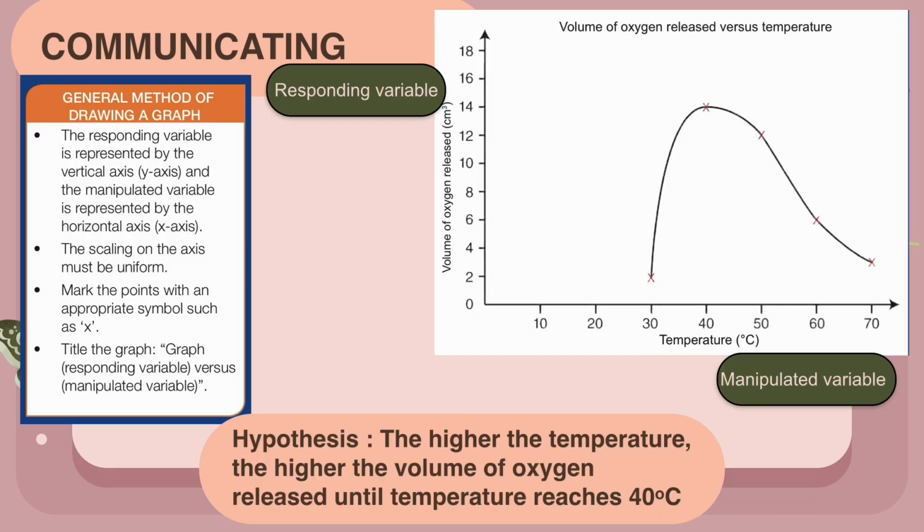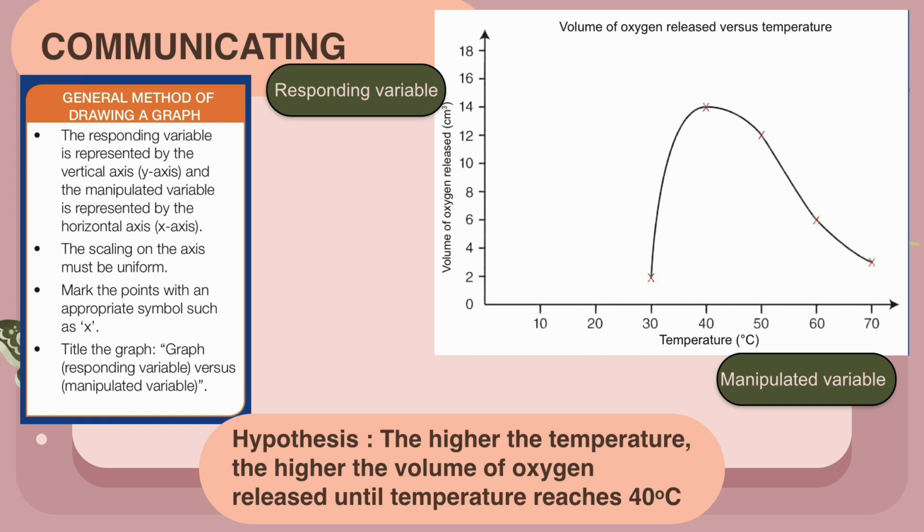This is how you communicate your data using graph. The general method of drawing a graph. Okay, the responding variable is represented by the vertical axis, that is your y-axis, and manipulated variable is represented by the horizontal axis, that is the x-axis.